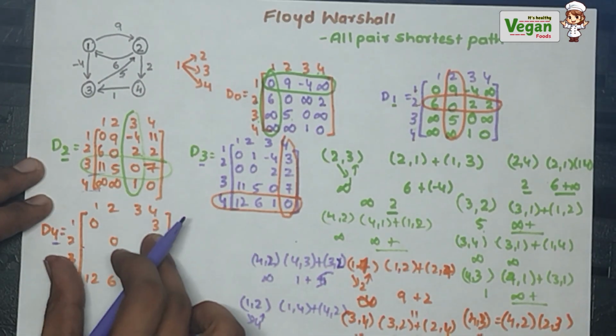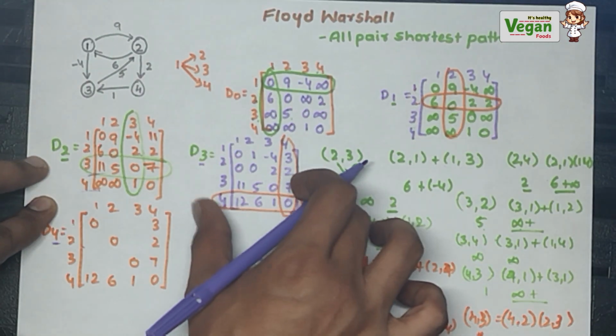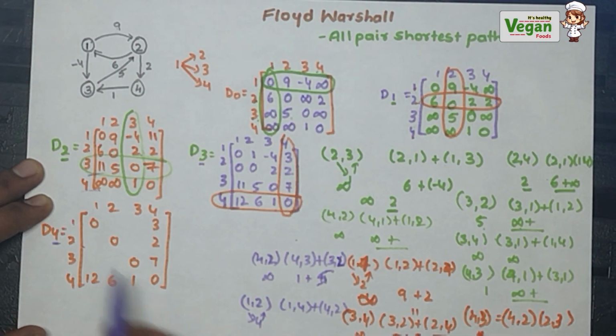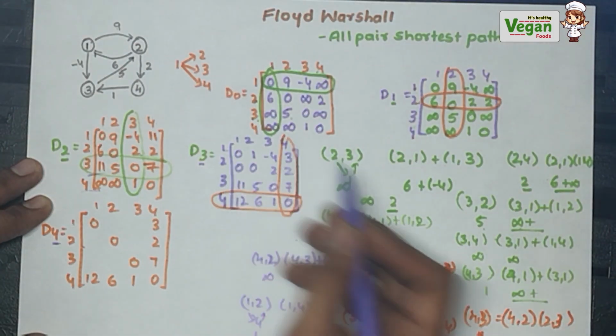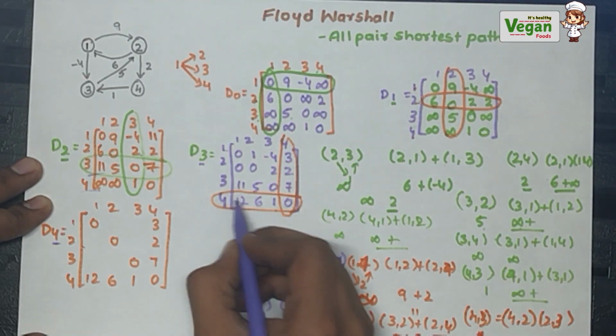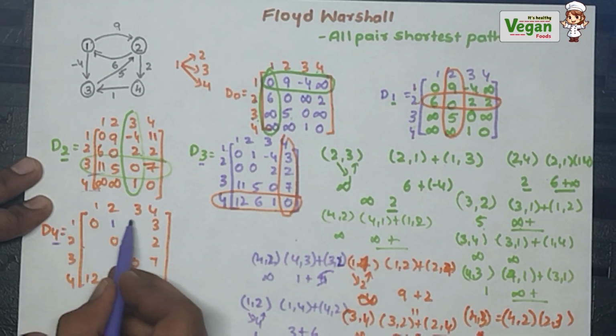While considering this matrix, you should take the reference of the previous matrix, that is D3. So 1 comma 2 is 1. 1 comma 4 is 3. 4 comma 2 is 6. So 6 plus 3 is 9 and 1. Among 9 and 1, which is the smaller one? 1.